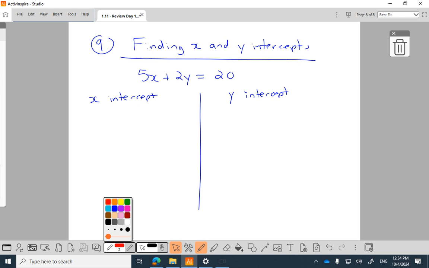Who knows this? We need somebody who's right on the case. To get the x-intercept, what do we do? Devin. Pass, he says. To get the x-intercept, we've got to sub in a value.